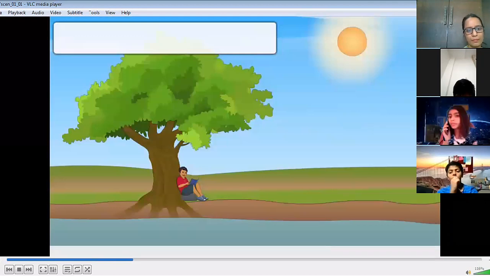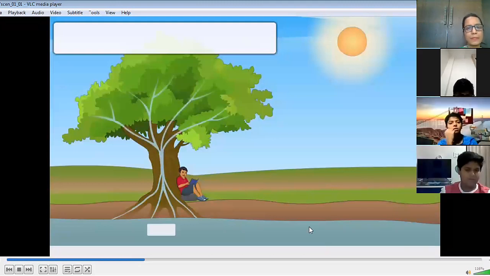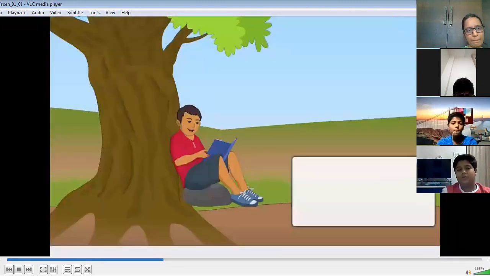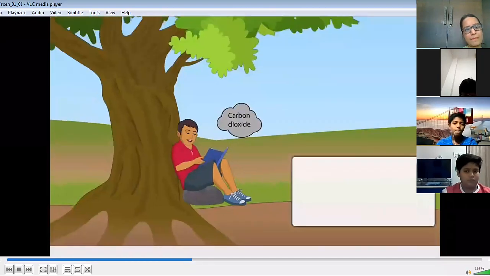Plants need a good supply of raw materials for photosynthesis. The roots absorb water and minerals from the soil and transport it to the leaves. Another important ingredient of photosynthesis is carbon dioxide. When human and animals breathe, they release carbon dioxide into the atmosphere.